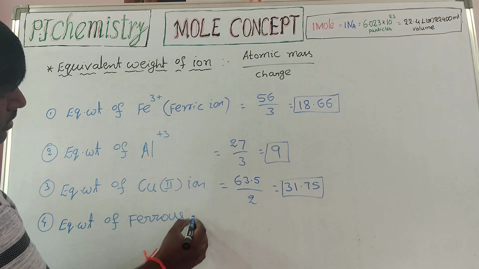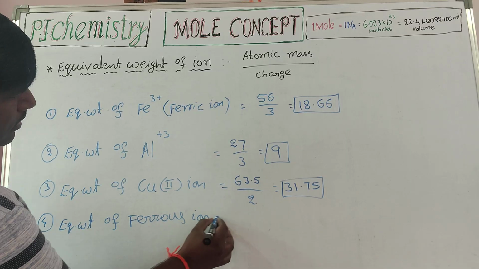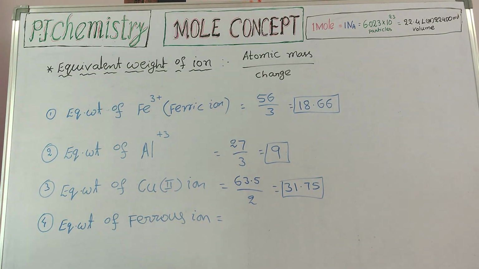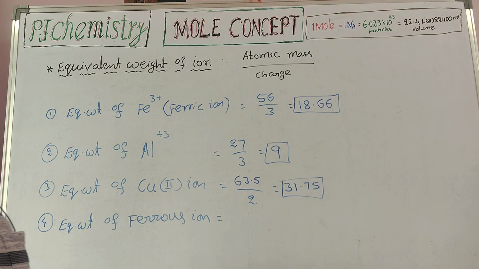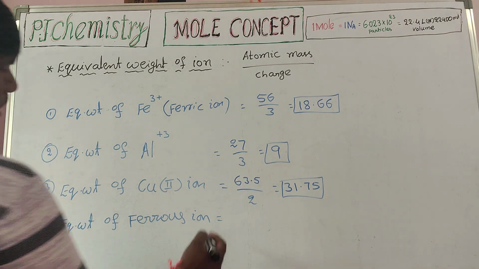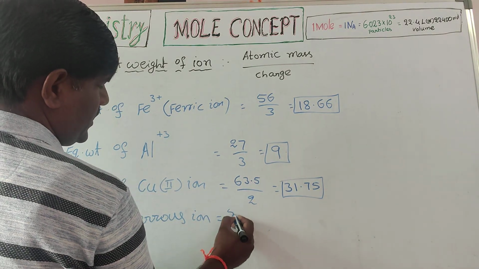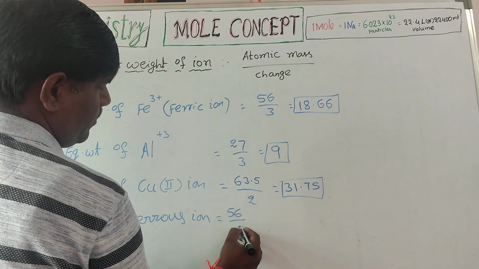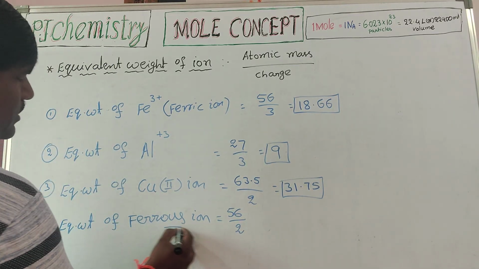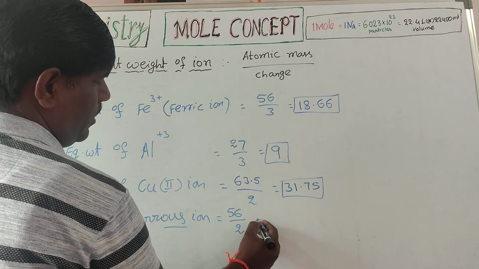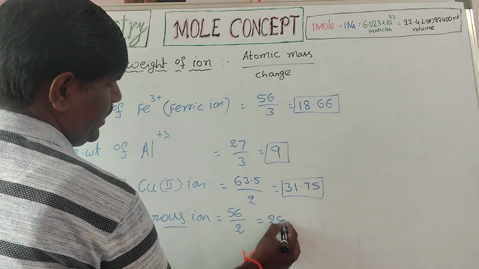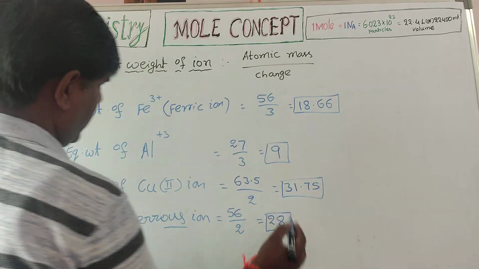Ferrous means lower valency. Iron's lower valency is 2. So 56, its atomic mass, divided by 2, since ferrous means lower valency. We will get 28 as the equivalent weight.